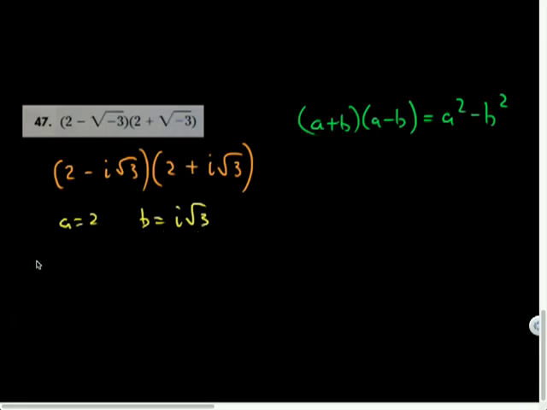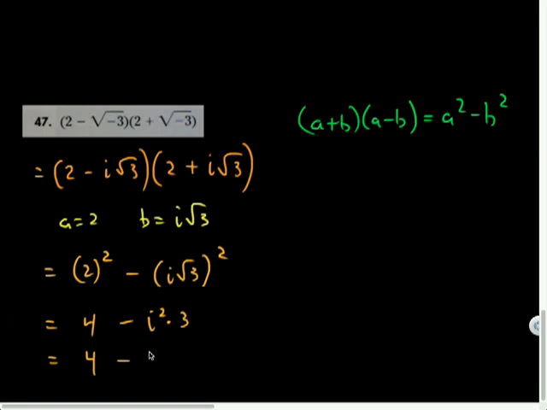And so let's just plug it into the pattern, a squared minus b squared. So 2 squared, minus i roots of 3 squared. So 2 squared is 4 minus i squared, and root 3 squared is 3. So I could do i squared times 3, maybe. And what is i squared equal to? Wouldn't you put like 3i squared?